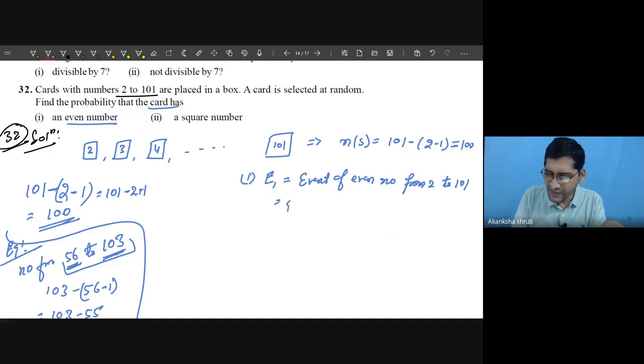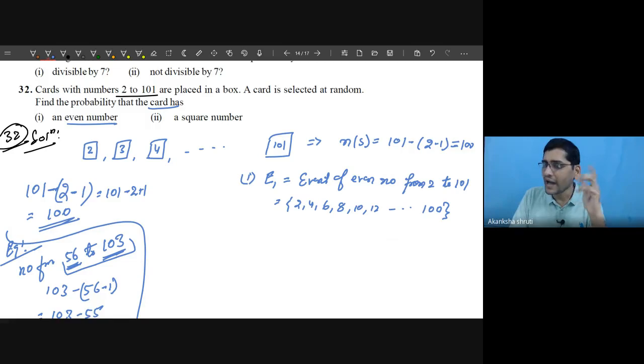What can it be? It can be 2, 4, 6, going on, 8, 10, 12, going on. What could the last one be? 101 is not even. So just before that it is 100. How many even numbers and how many odd numbers are there? That you already know.